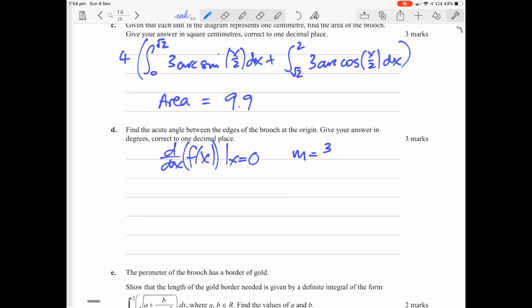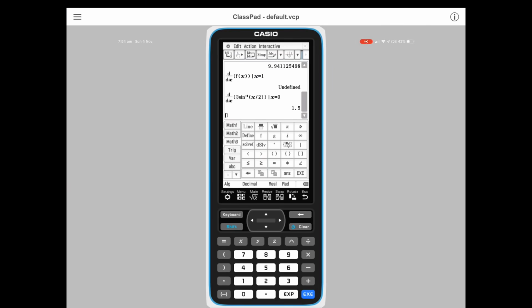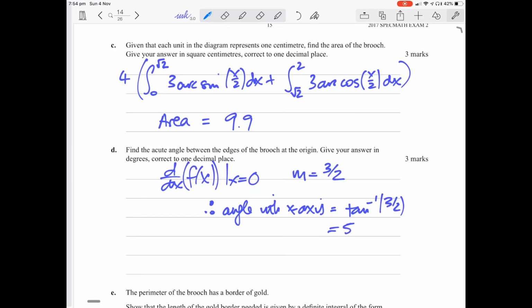So m equals 3 on 2. Therefore, angle with x-axis is tan inverse 3 on 2, which is 3 divided by 2, calculator in degrees, 56.31.